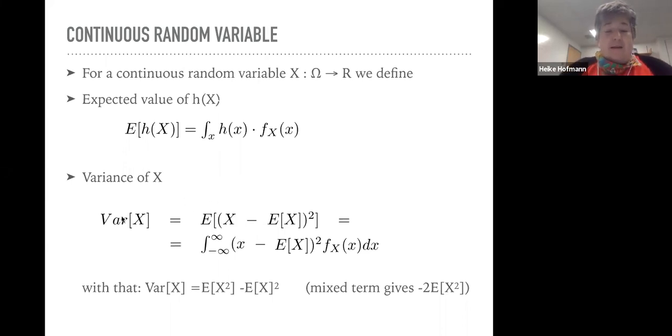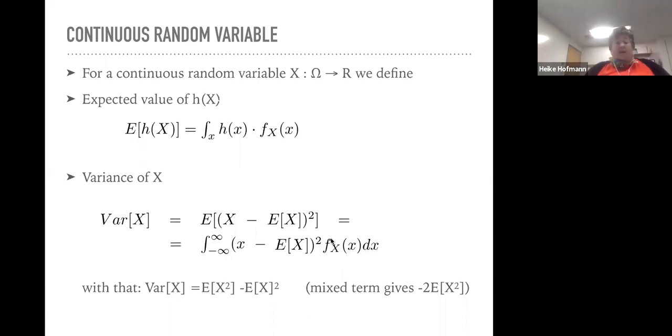We do something similar for the variance of x. So the variance of x is just a particular case of h of x. So h of x is x minus the expected value, so the squared distance from the expected value, and we integrate over all potential values while multiplying by the density.